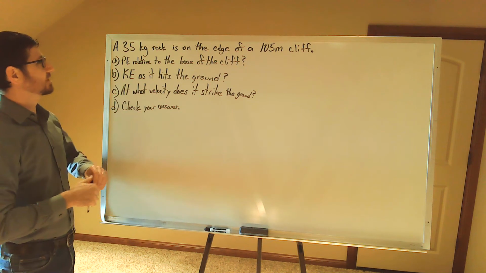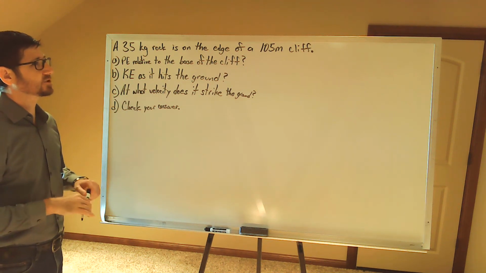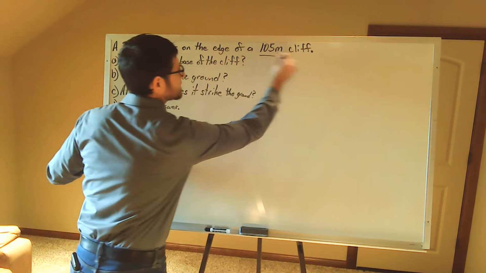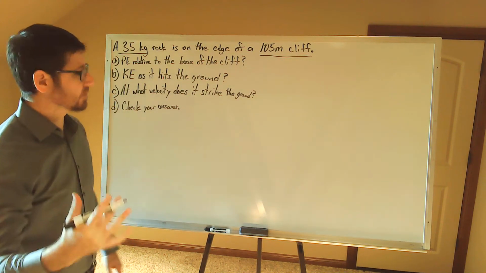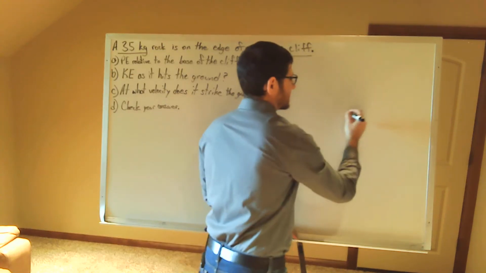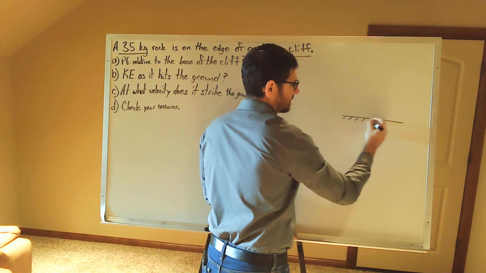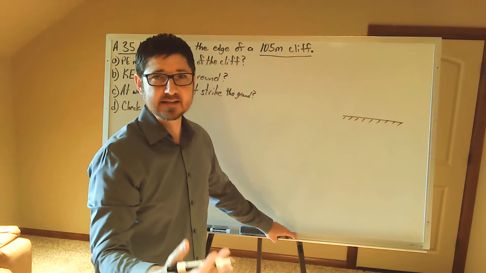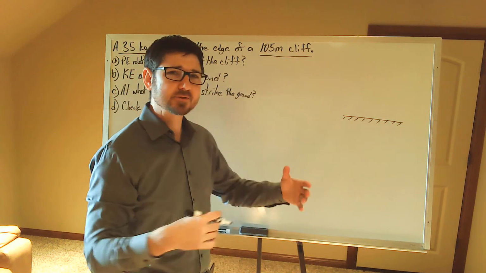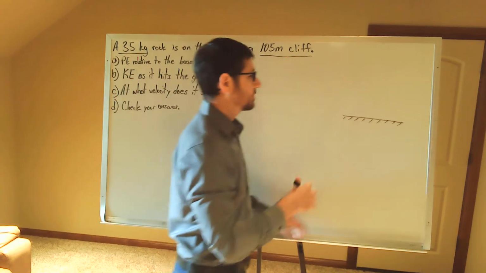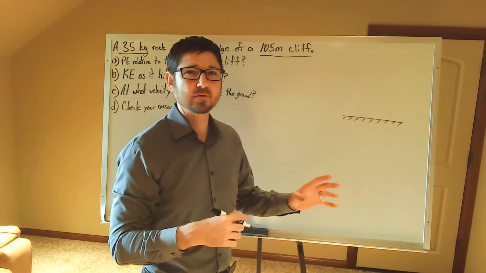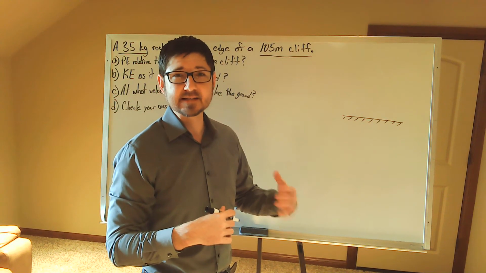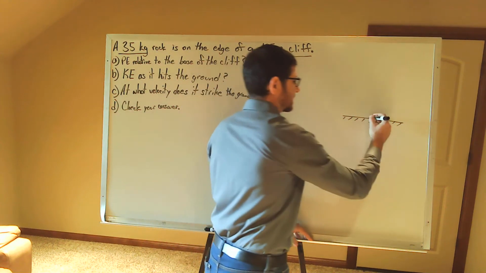A 35 kilogram rock is on the edge of a 105 meter cliff. So let's go ahead and just draw a simple picture. So we have our reference level, and remember that our reference level is when the height is equal to 0. It also tells us in our notes that the reference level represents the position where the potential energy is equal to 0 joules.